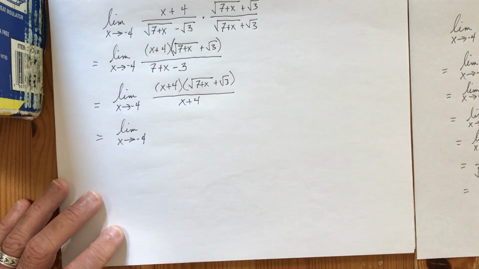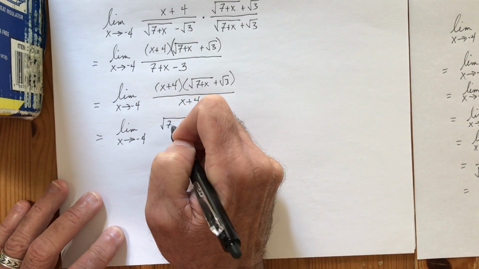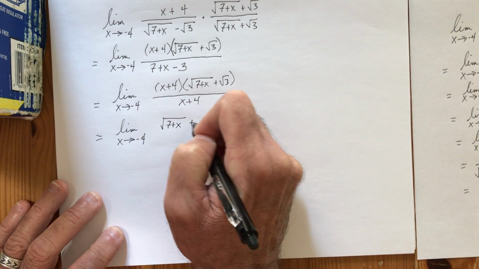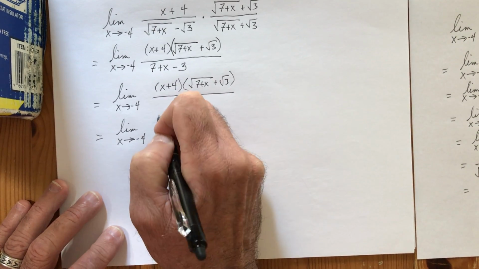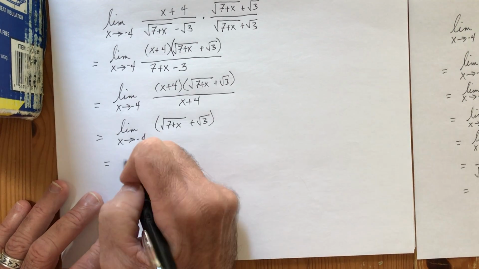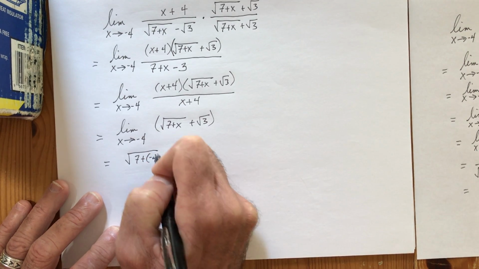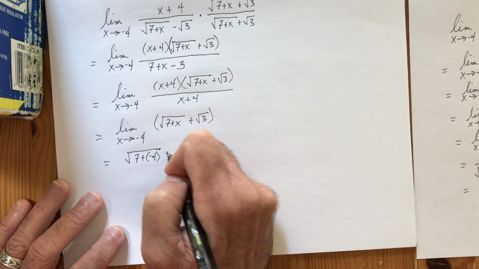So we have the limit as x approaches negative 4 of the square root of 7 plus x plus the square root of 3, and we'll put that in parentheses. Now we're going to replace the x by negative 4, and we get the square root of 7 plus negative 4, and then plus root 3.